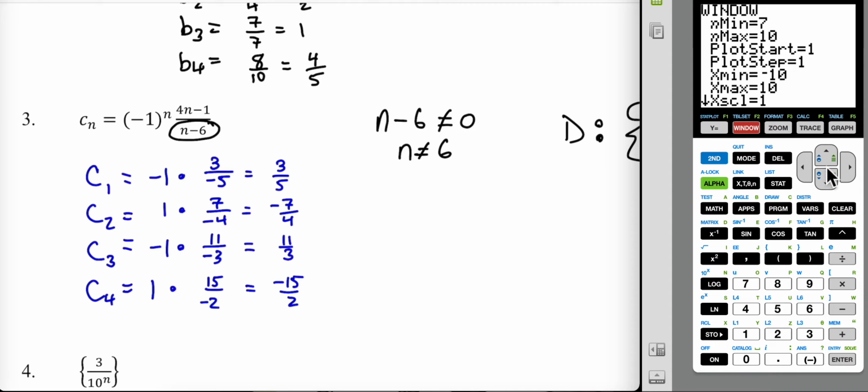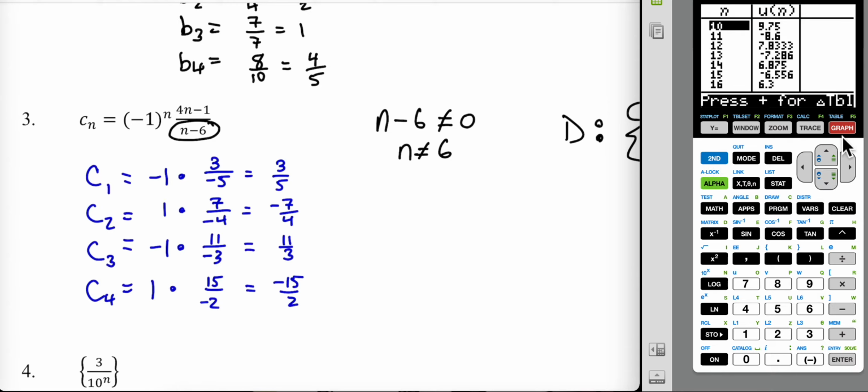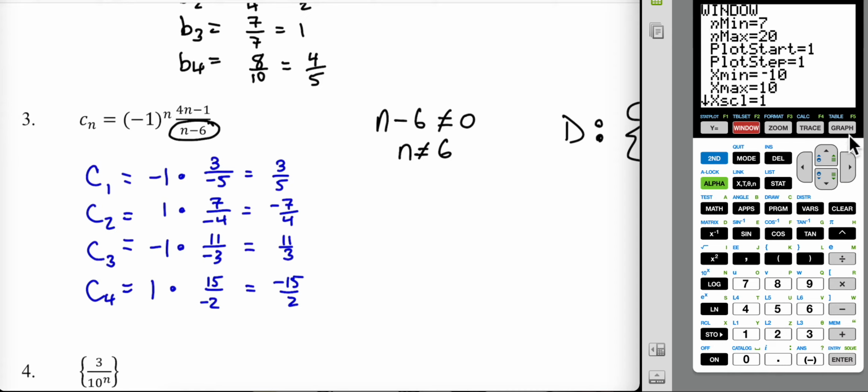Okay, so let me get a window here. So 7, they're going 7 to 10. Let's make it 7 to 20. X min. Let's make that negative 10 to 10. Negative 10 to 30.